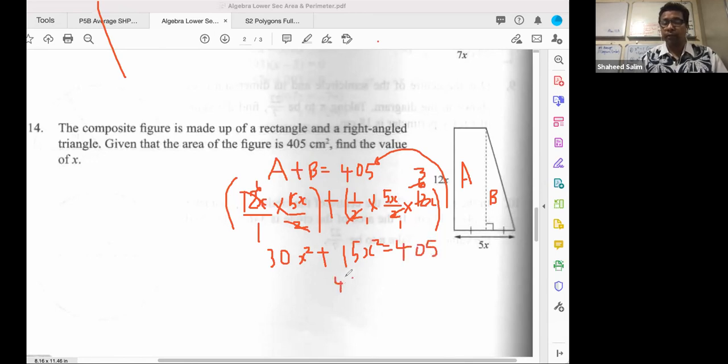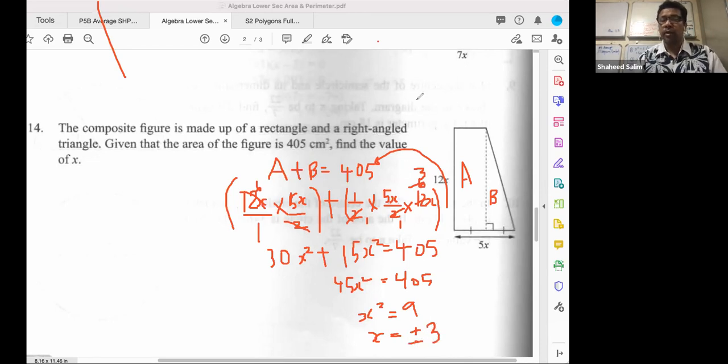Altogether, 45x squared is equal to 405. So we divide now by 45. You get x squared equals 9. And then square root it, and you get plus minus 3. That means the answer can be plus 3 or minus 3.